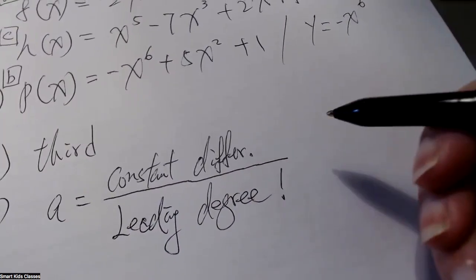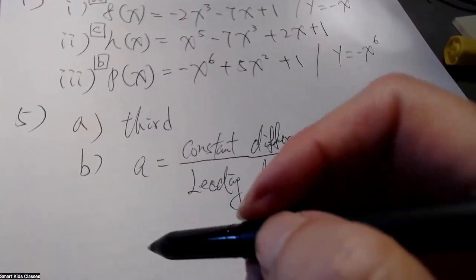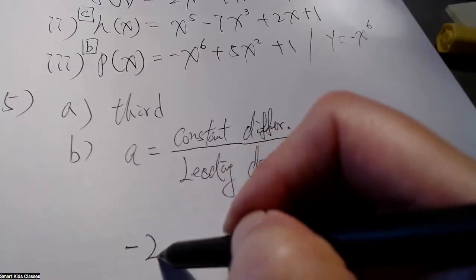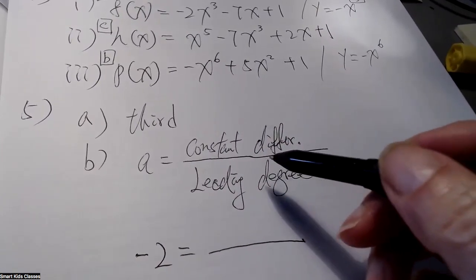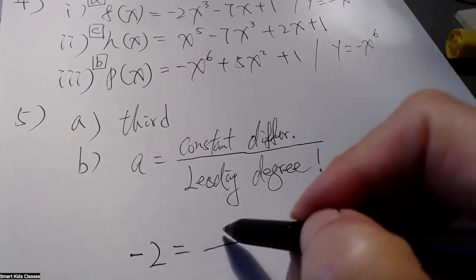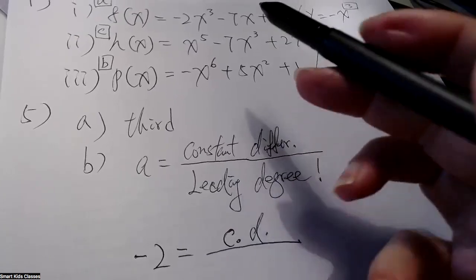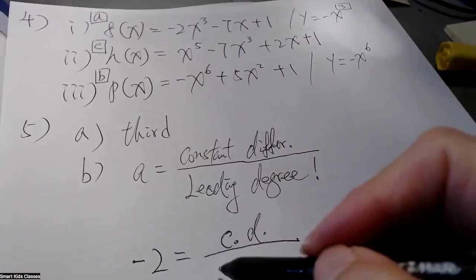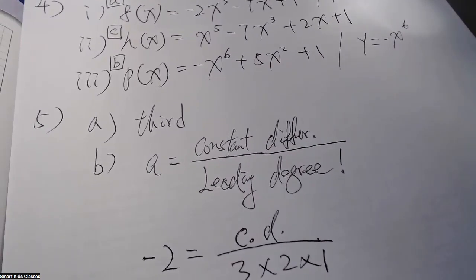So now we know that a is negative 2. The constant difference we don't know, so we just put CD as a short form. And the leading degree is 3, so 3 times 2 times 1 is the factorial.